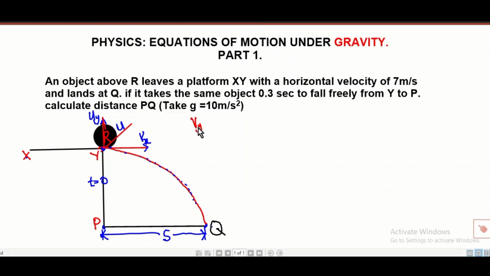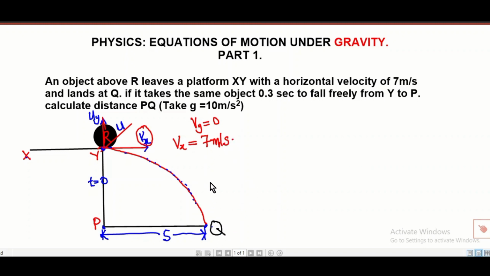So I'm going to say that Vy, which is the upward speed, called the vertical component, is going to be 0. Then there is a velocity which I have given as Vx, which is called the horizontal component, and it is given as 7 meters per second.